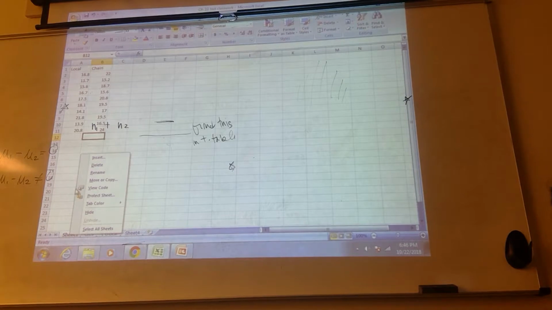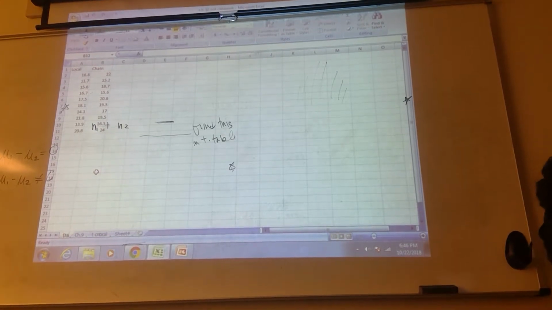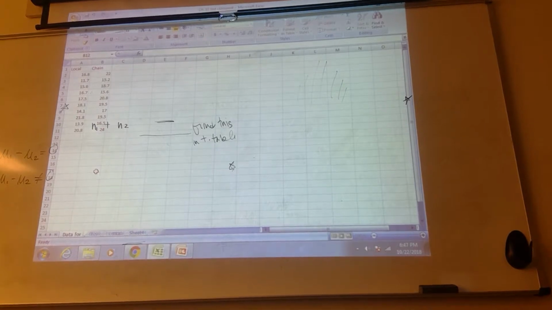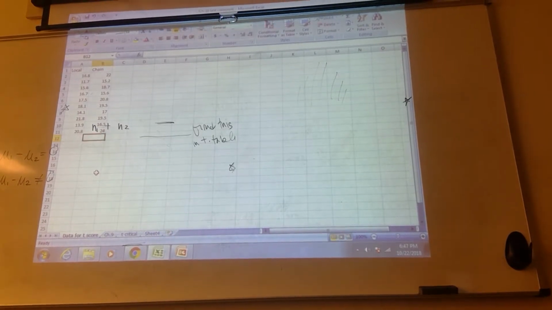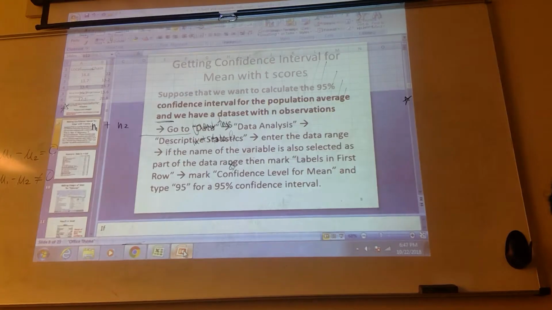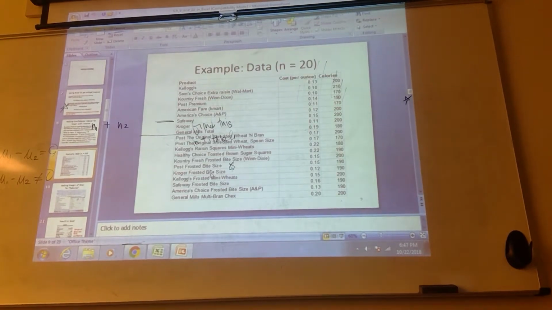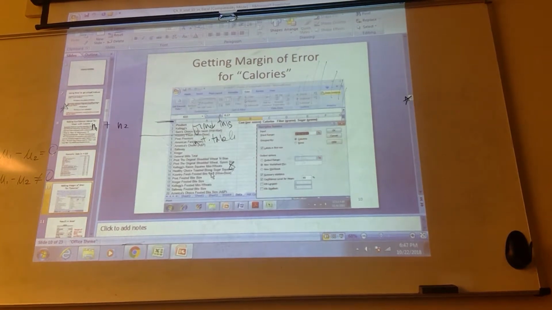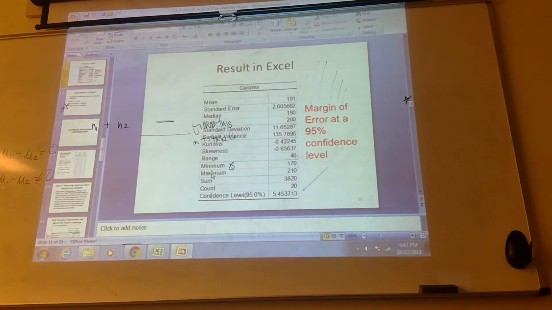So why don't we rename this as data for t-scores? Is this the right one? I can't remember. Costs, calories. Yeah, let's do these ones.